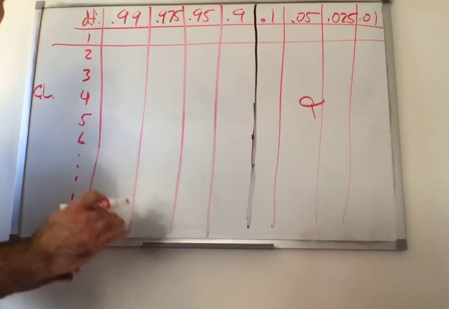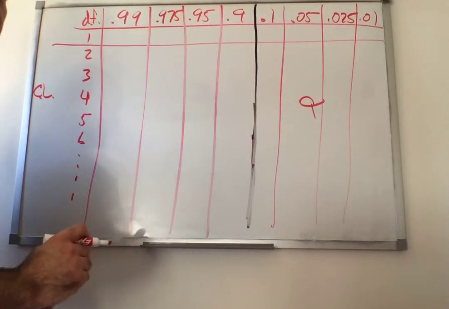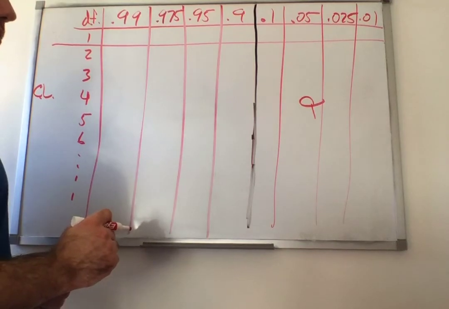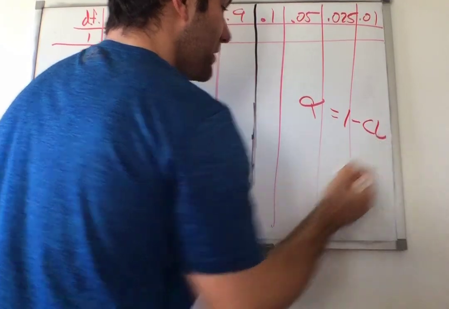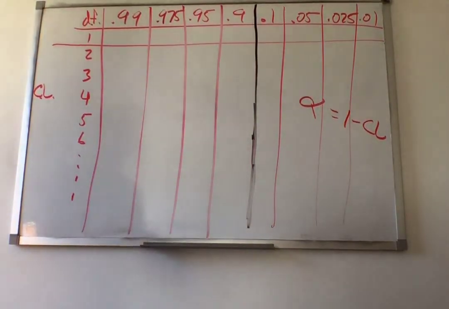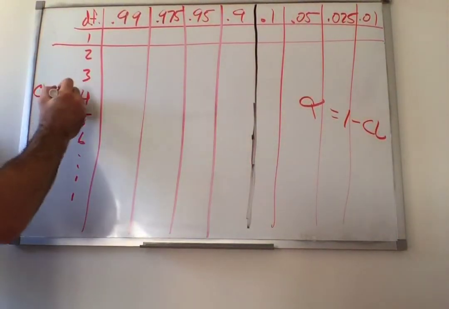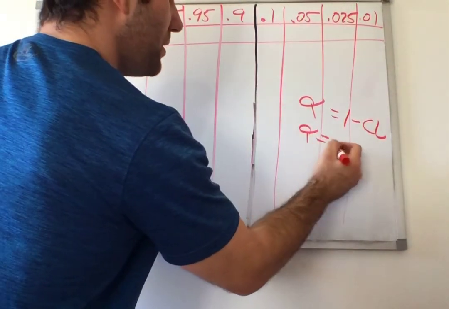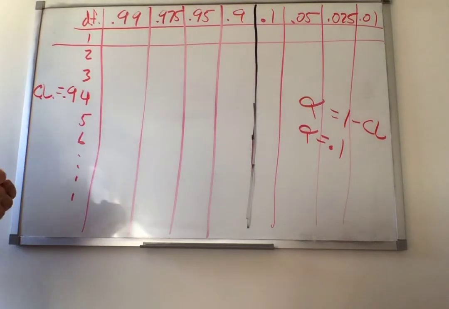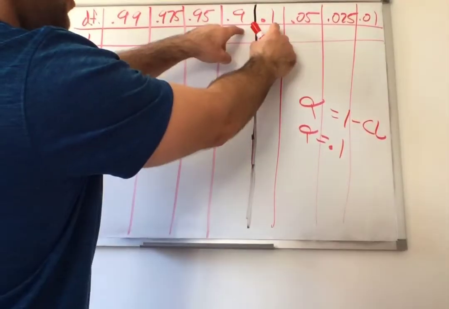Okay? Not alpha over 2. Just your alpha value, okay? So to find alpha, remember just 1 minus the confidence level. So let's take a confidence level of 0.9. That means alpha would be 0.1. Right here.